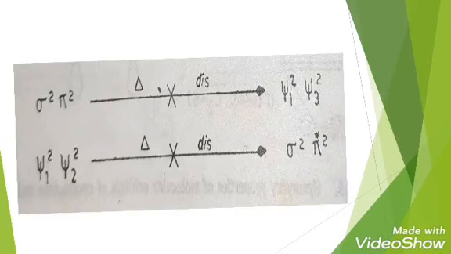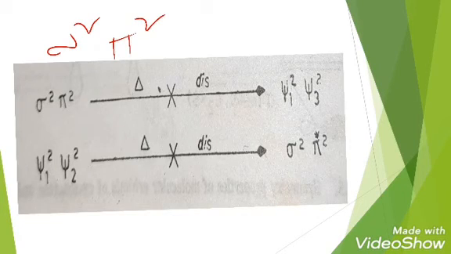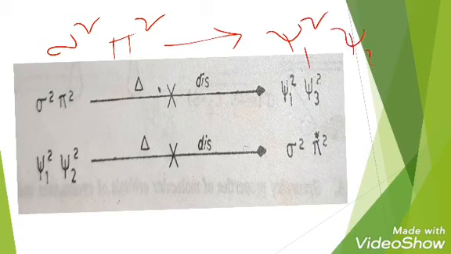Hence, under thermal condition, disrotation does not take place, because the sigma and pi orbitals of cyclobutene do not correlate with psi1 and psi2. So the disrotation under thermal condition is symmetry forbidden.